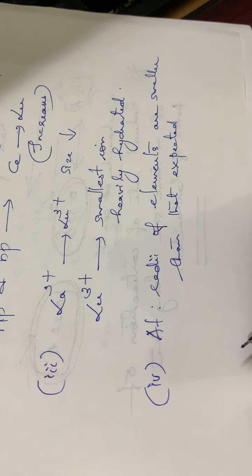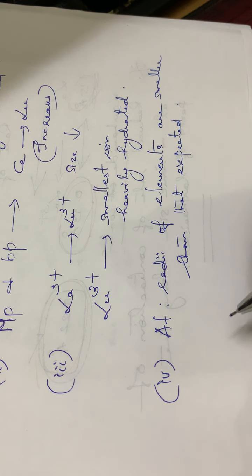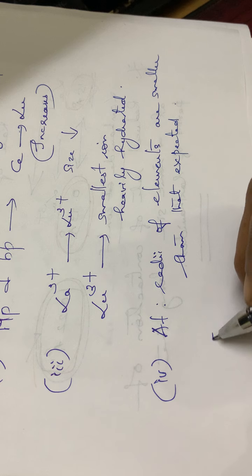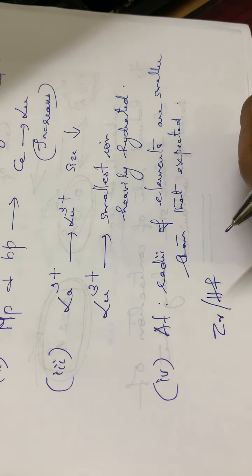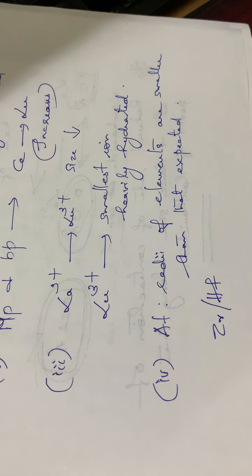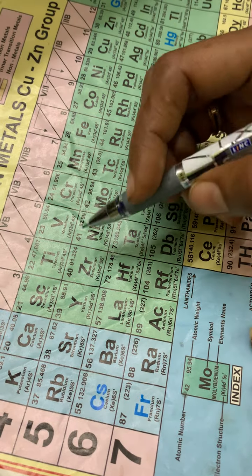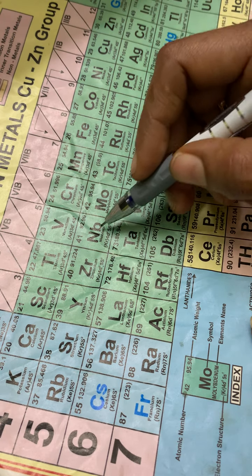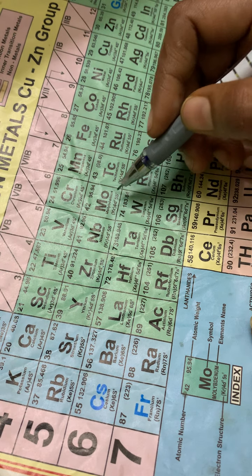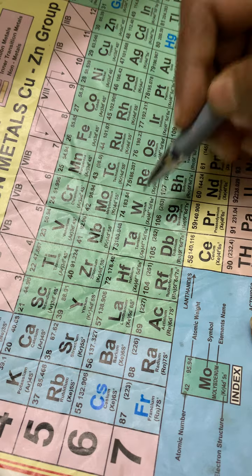So what happens is that pairs of elements have the same size. That means zirconium and hafnium, then niobium and tantalum, then molybdenum and tungsten. They almost have the same size.